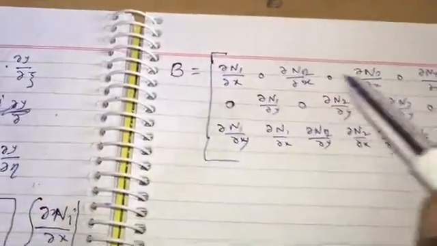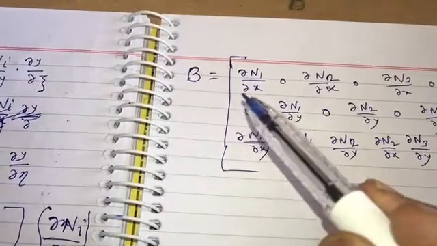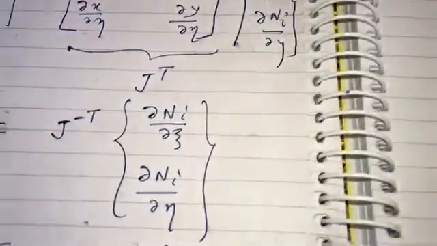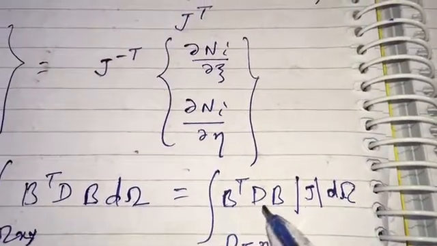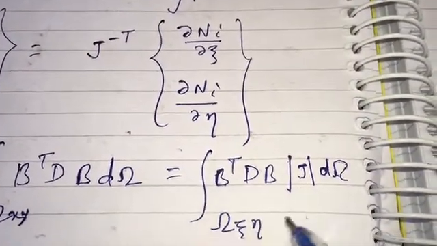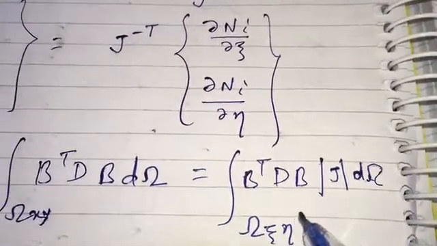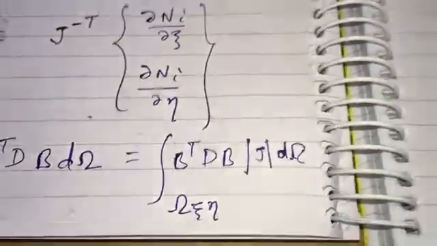So, that really means that the value of B can be found out. And this B will be a function of xi and eta, and that B, we can put it here and integrate it in the new xi eta domain, and you can find out the stiffness matrix.